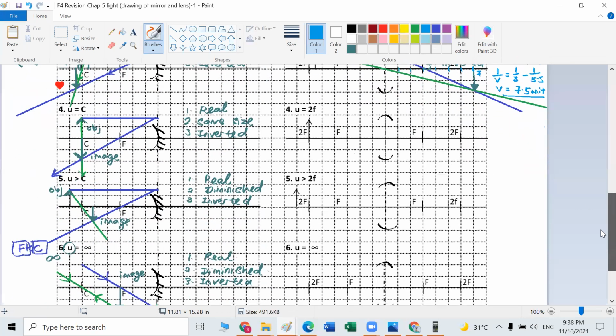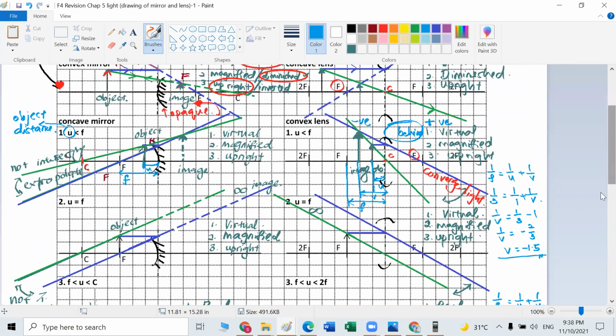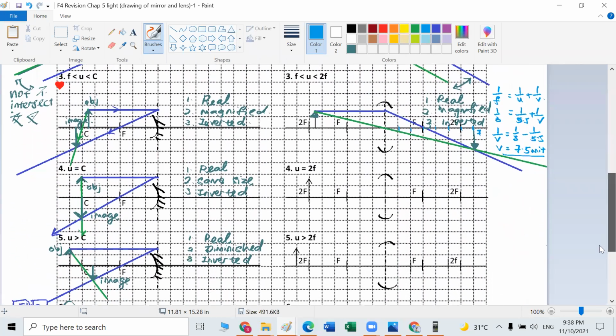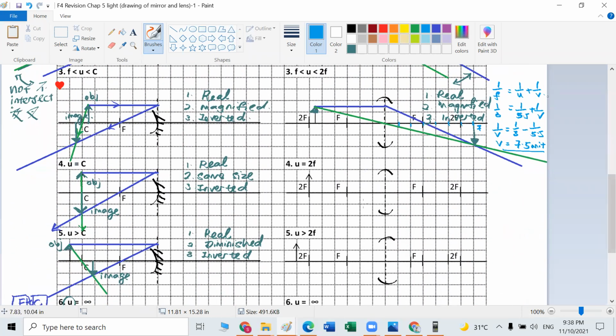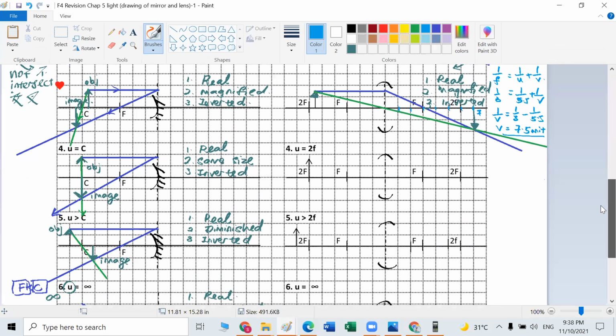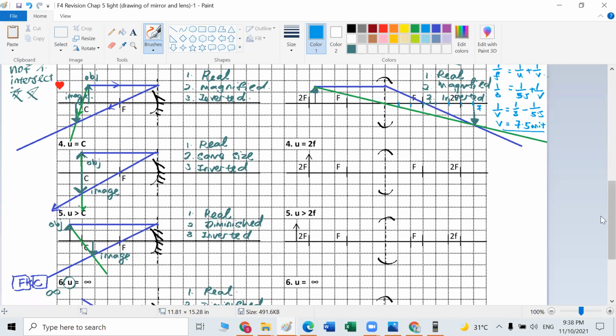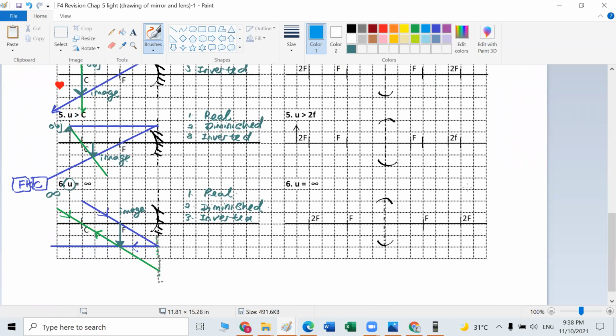Now the same thing, KFC. Okay, I think these two you can draw. Then directly we come to the infinity. Infinity also the same thing, FKC. So the lights pass through F. I also use the 6 grids here. You can see the 6 grids.